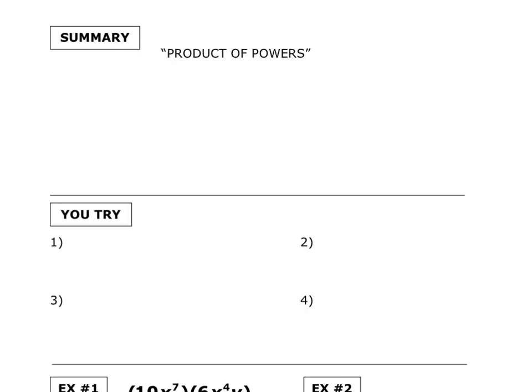Hey guys, today we're going to be talking about a new rule using exponents, and it's going to be called the product of powers. Go ahead and write this down in your notes.